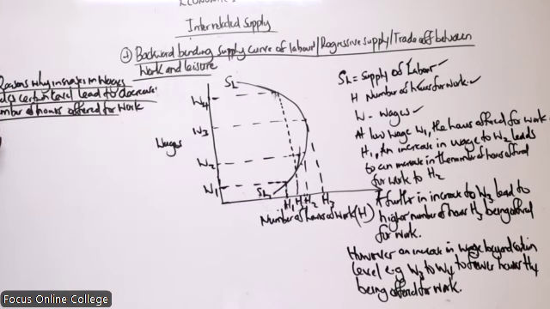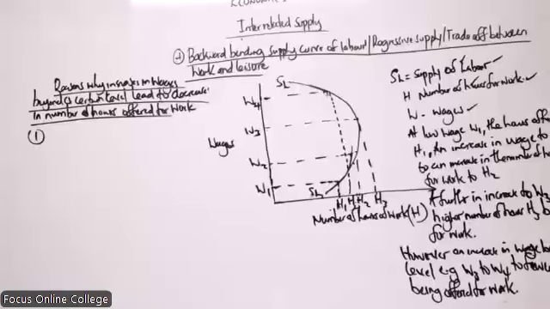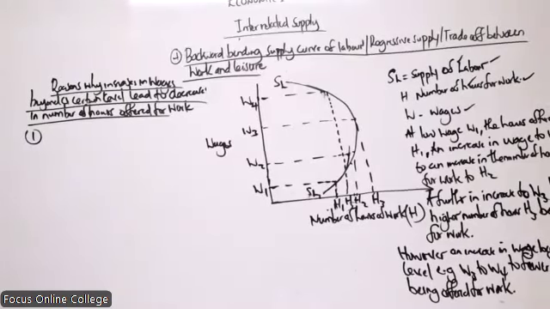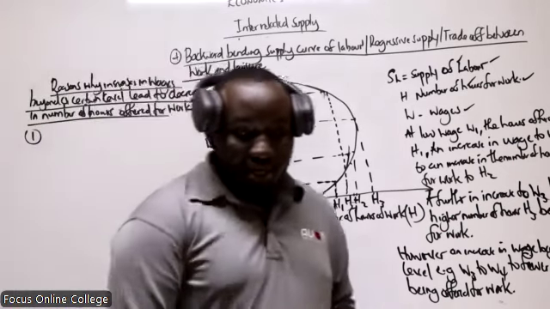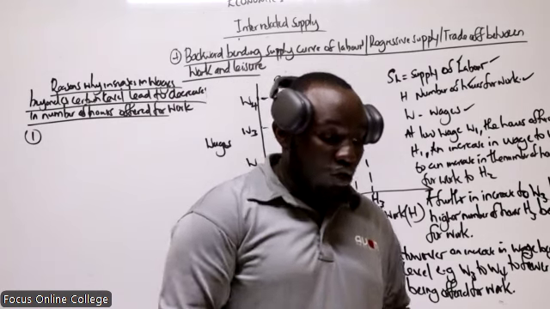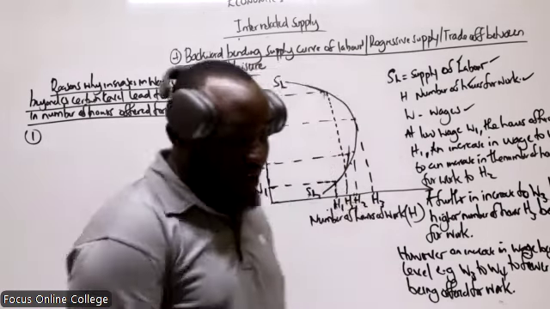So the first explanation, again, let me tilt the camera. What are the reasons that underlie that? Why would you offer a high amount and still people do not work?